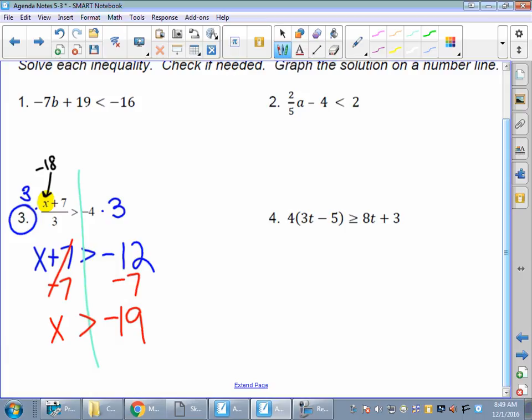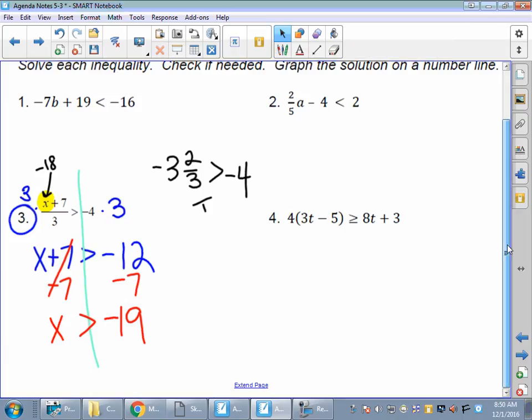Divide that by 3. It comes out to like negative 3 2/3. Is negative 3 2/3 greater than negative 4? Is it farther to the right on the number line? It is, so this is a true statement. So you can check it. I'm not going to go through the check step every time, but you can check it if you need to.